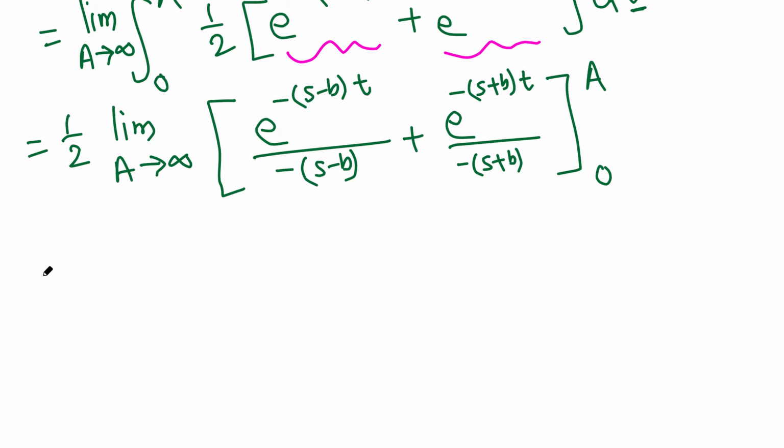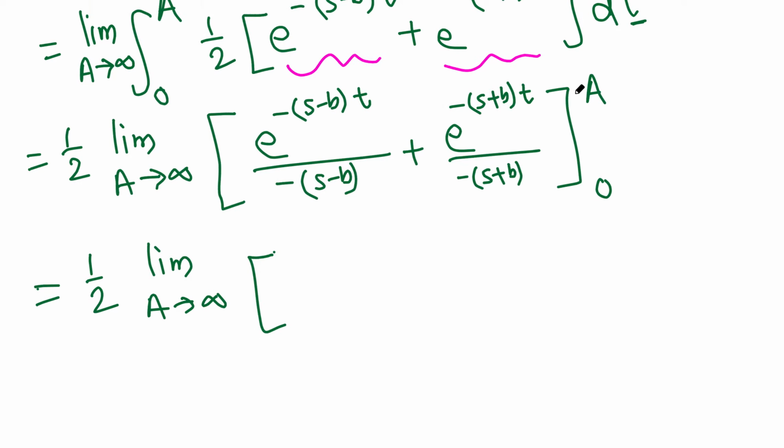Let's evaluate this: 1/2 times the limit as a tends to infinity. Replace t by the upper limit a, then by the lower limit 0.